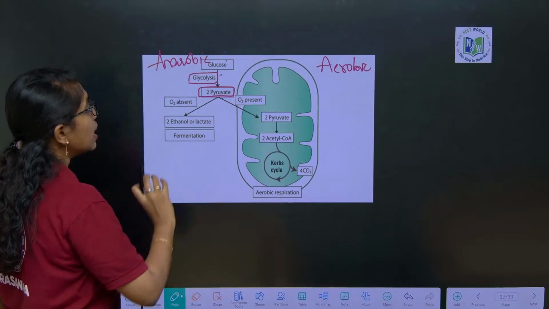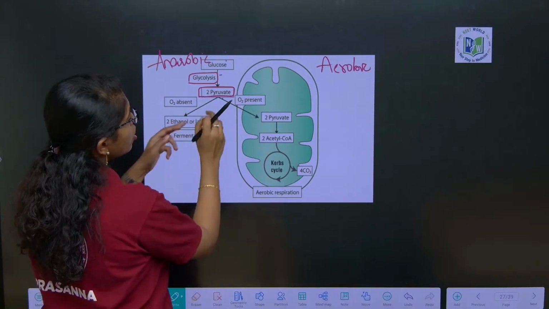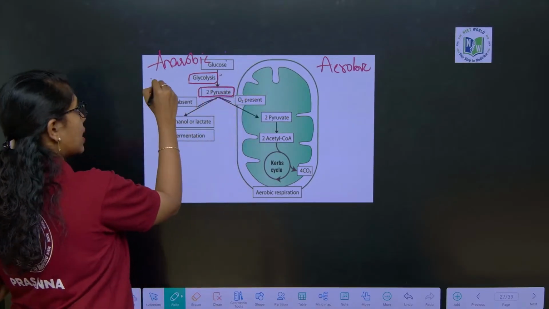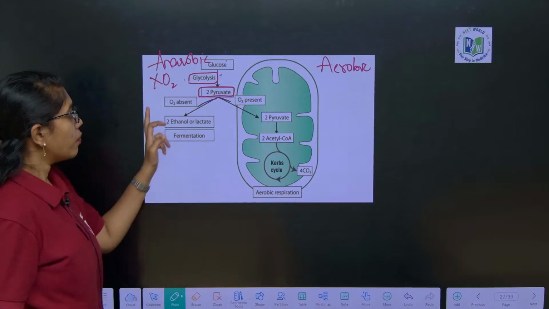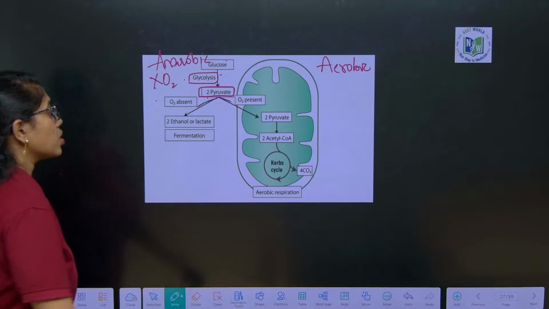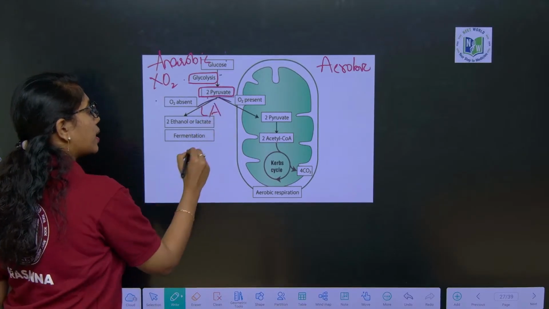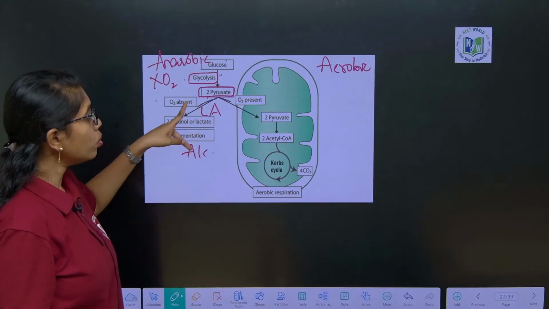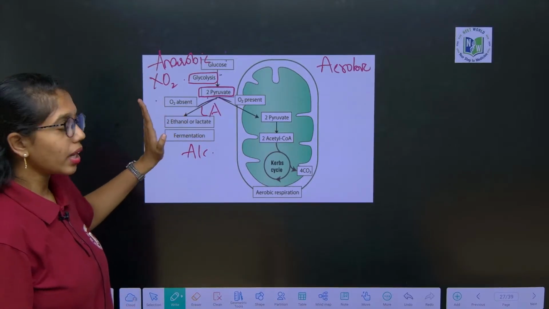This pyruvate, in anaerobic respiration, that is in the absence of oxygen, can follow 2 pathways. One is lactic acid fermentation and the second is alcoholic fermentation. These are the 2 possibilities of anaerobic respiration.